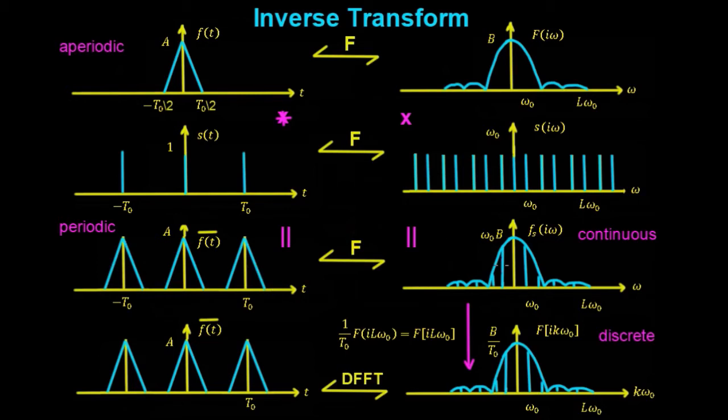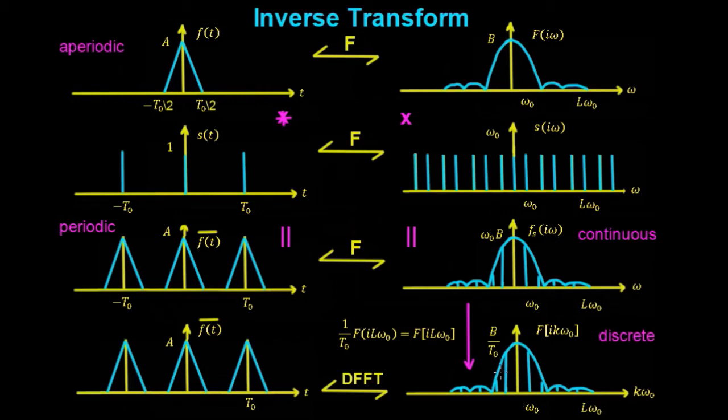You'll note here that whenever we went from the continuous frequency domain to the discrete frequency domain, we had this little conversion law. But now in the time domain, when we go from this point here to this point here, it's actually the same function, because the time domain doesn't become discrete, it remains continuous. So this function here is exactly the same as this function here.